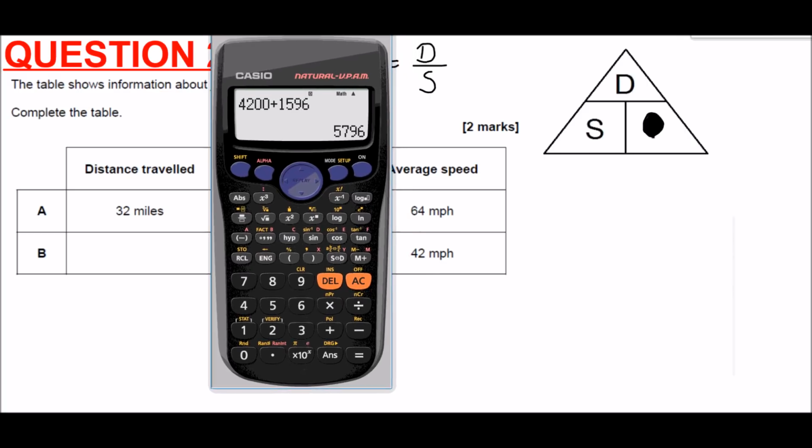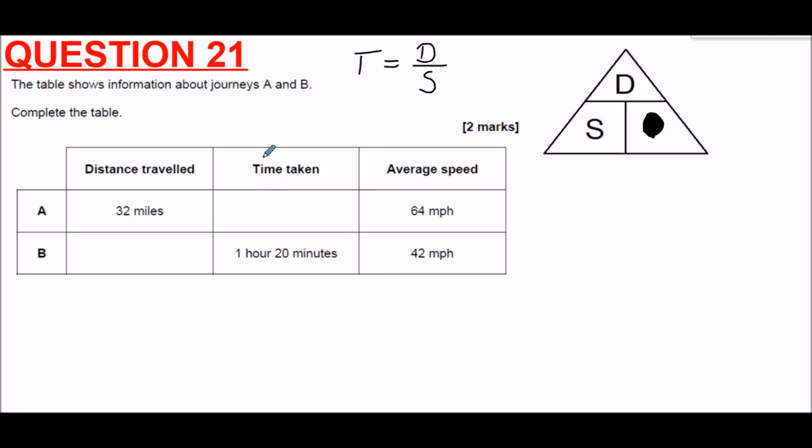So for this one, put 32 on top, s on the bottom, which is 64. It comes out to be half, so half an hour is what we'd have. So time taken would be half an hour. If you wanted to, you could say it's 30 minutes.